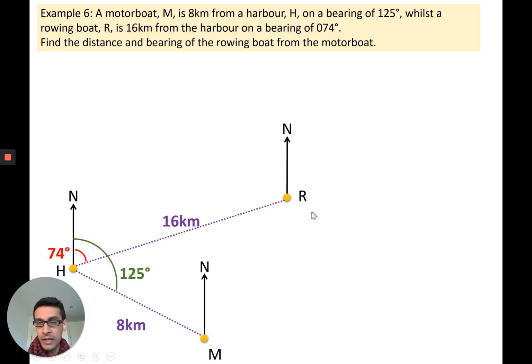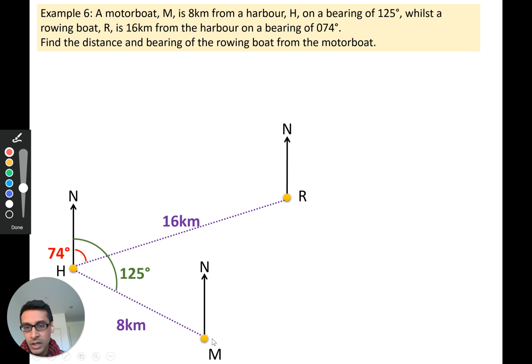And then the question is, find the distance squaring of the ray from the motor. Look for angle north, angle we want to.